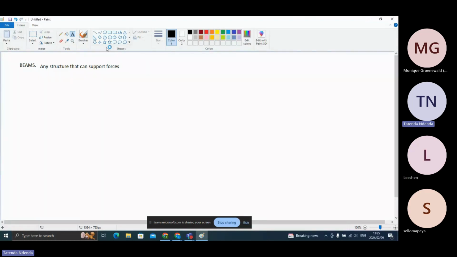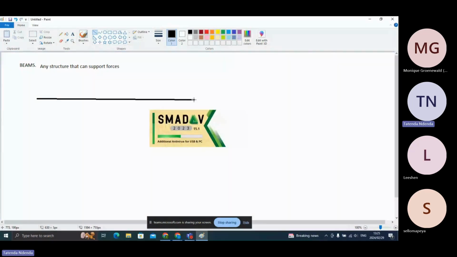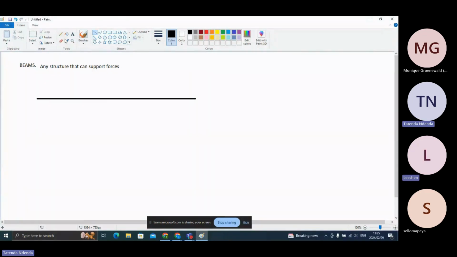For example, guys, you know that we have what we call a bridge. A bridge looks like this. So basically, this is our bridge. From this bridge, we're going to have forces which are going to go up.